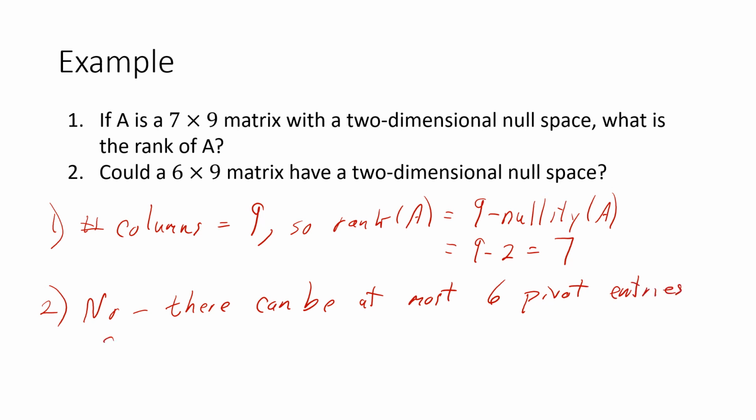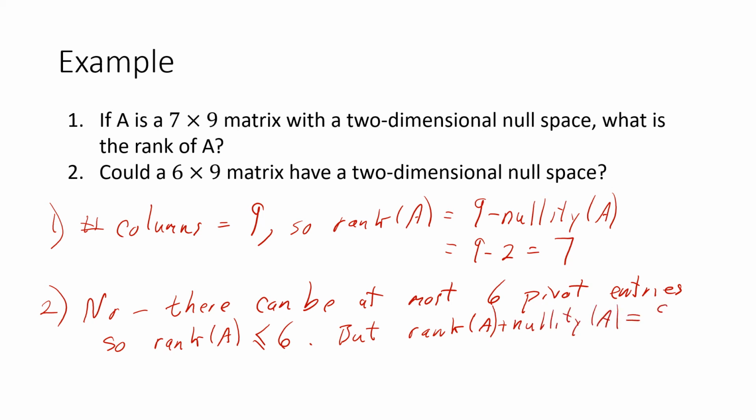So the rank of A has to be less than or equal to 6. But the rank of A plus the nullity of A has to equal 9.